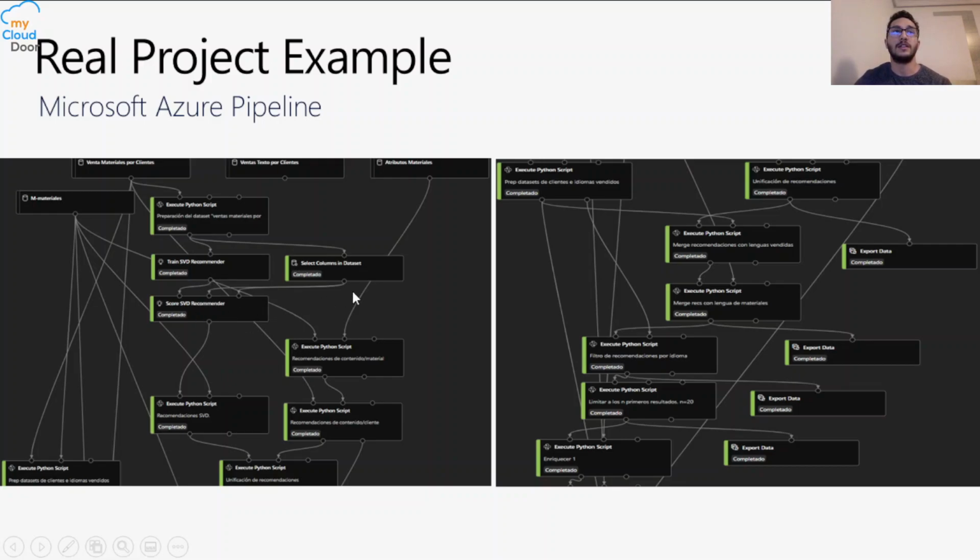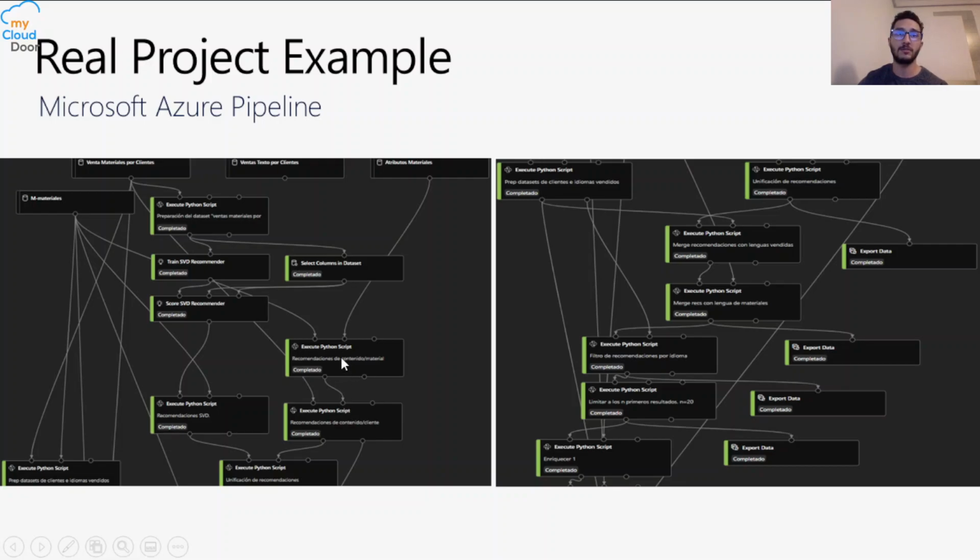And here on the right we have the content-based recommendation filtering we were just talking about. These two blocks will contain the scripts we just saw. Okay, the same script, nothing complicated.